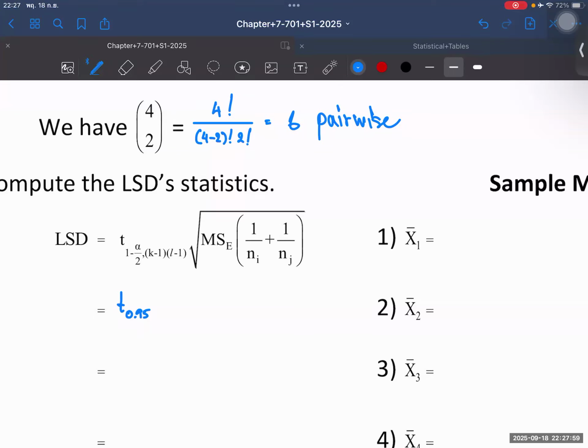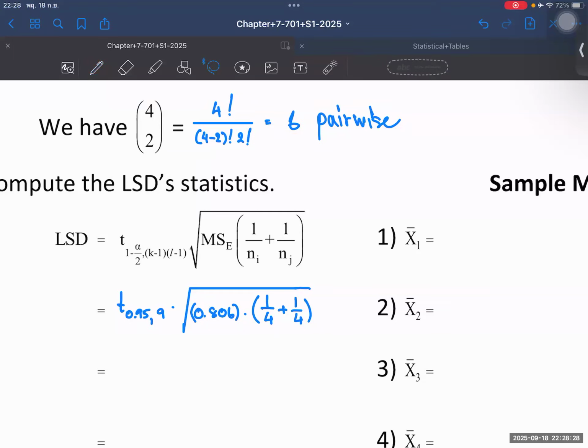Okay, now with the degree of freedom 9. Okay. Times the mean square error is 0.806. So we have 1 divided by 4 plus 1 divided by 4. Okay.